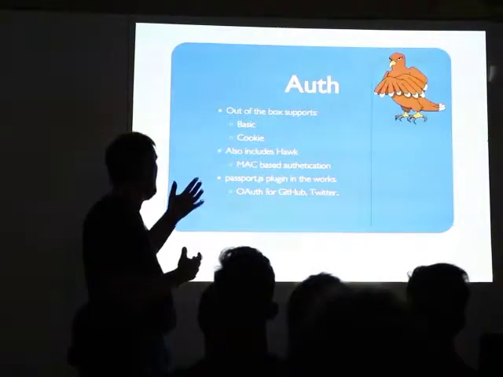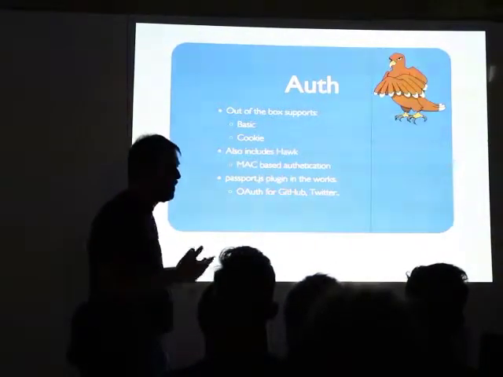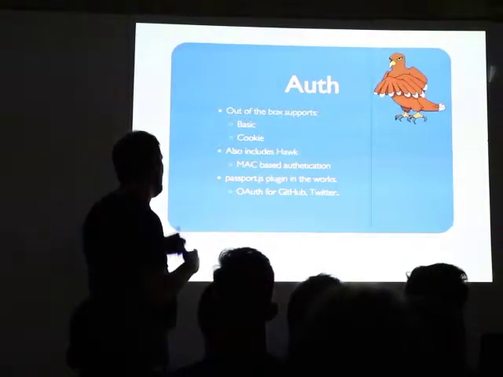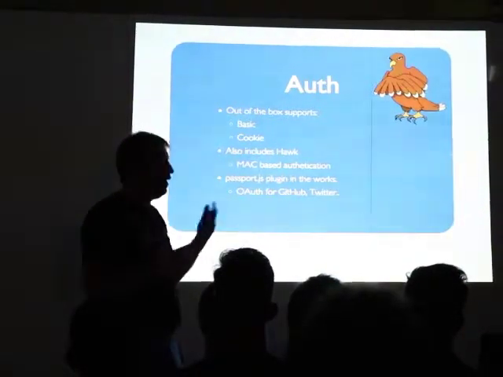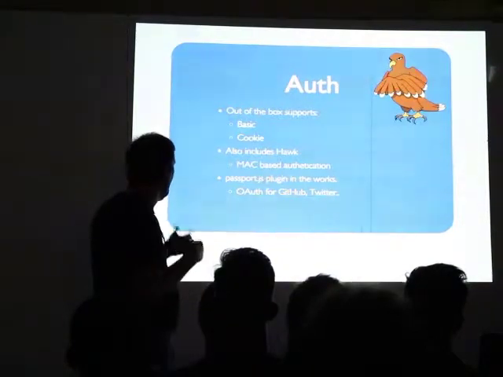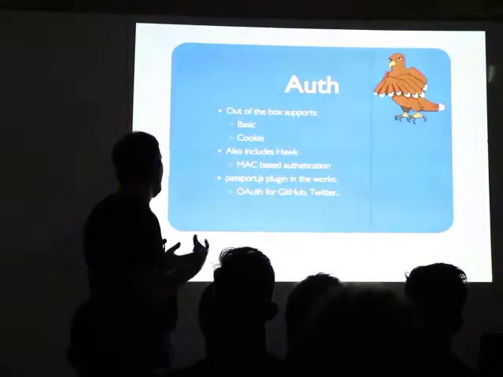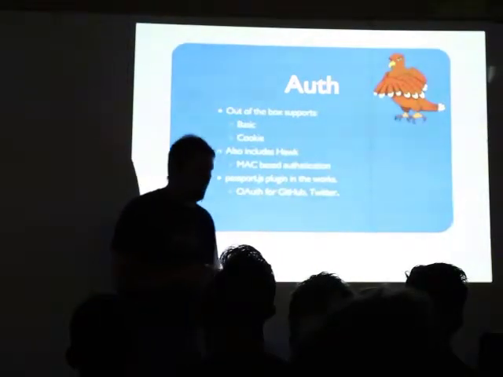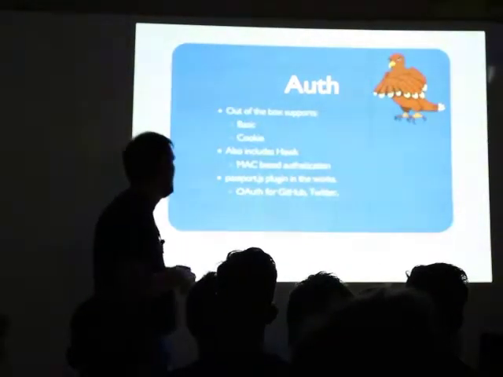One of the ones I've been using a little bit is something called Hawk, and there's another module called Oz. Out of the box, it basically provides normal basic auth, key-based auth. It also provides MAC auth, and they recently added a module to integrate Passport.js.